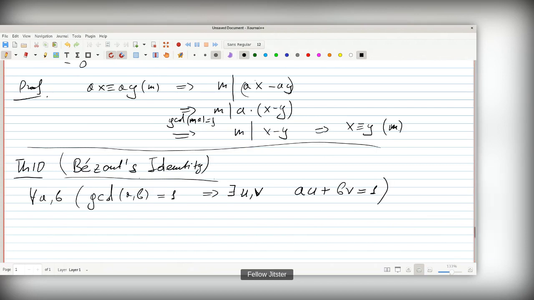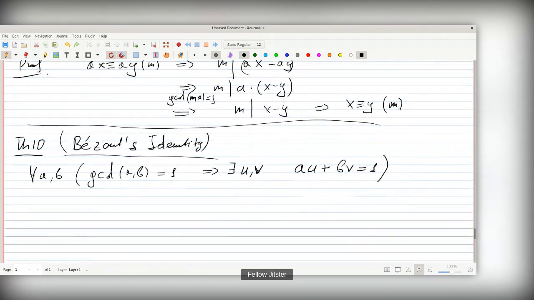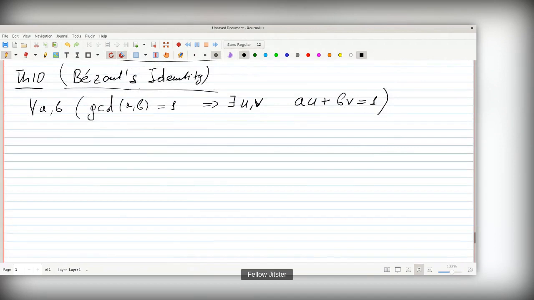So it is possible to obtain 1 by adding together some copies of a and some copies of b, given they are coprime.